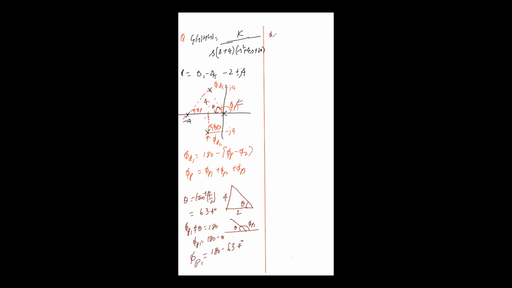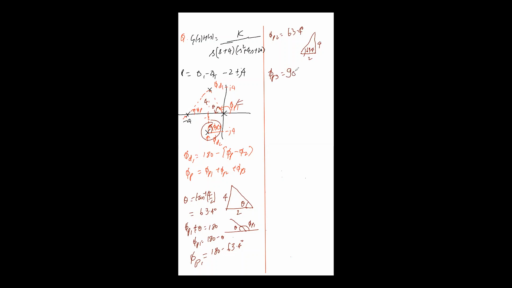Now we will calculate phi p2. Again, draw the triangle. This is 4 and this is 2, so this will be 63.4 degrees as you have seen. So phi p2 will be 63.4 degree. Now the angle contributed by this pole, phi p3, you can see is directly 90 degree.